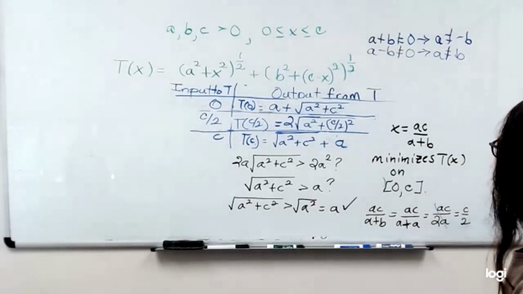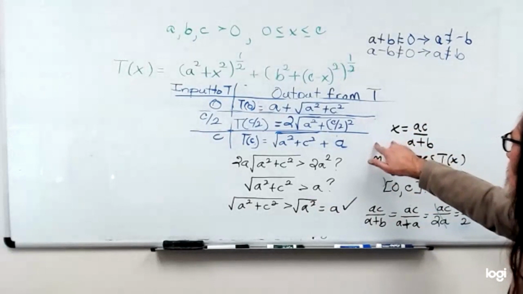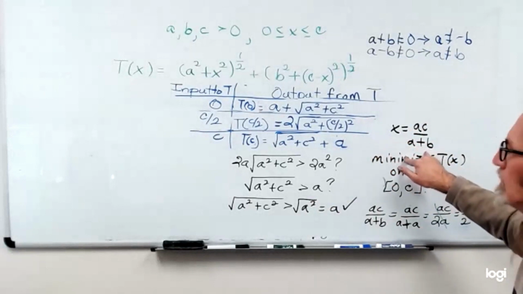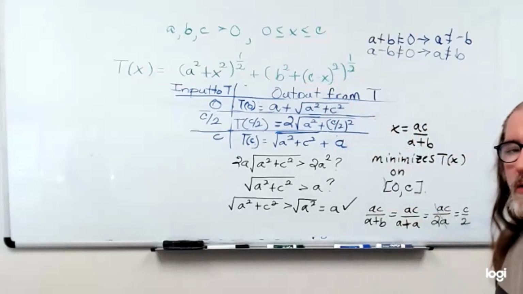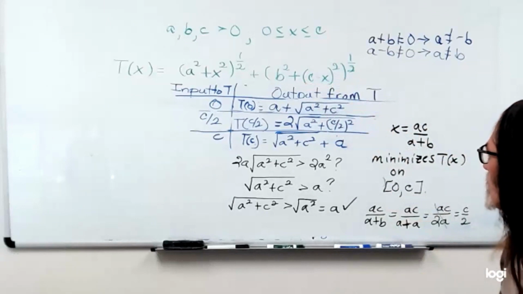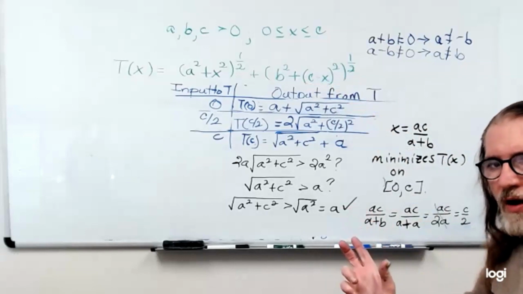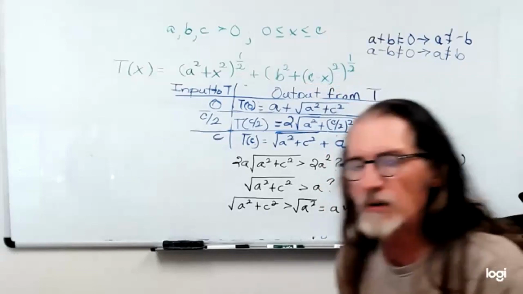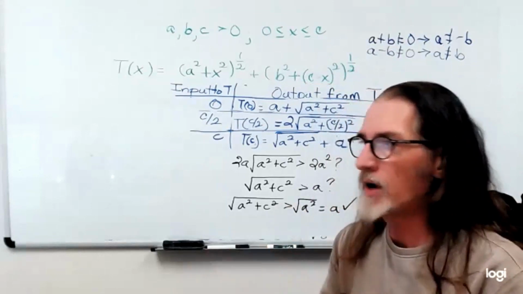So really, even if a does equal b, then we can say that for this value of x, it will minimize the function t. This is giving us an expression in terms of the heights of the poles and the distance along the flat ground between the two poles that will minimize the total length of the wires. But hold on, we're not done yet.